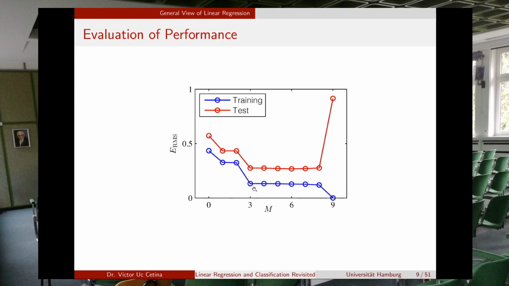So even though a degree 3 and a degree 8 have the same error, we will prefer a model of degree 3, because this means that we will need to train or learn only 4 parameters instead of 9 parameters with degree 8. So we prefer simple models because we can train them faster.